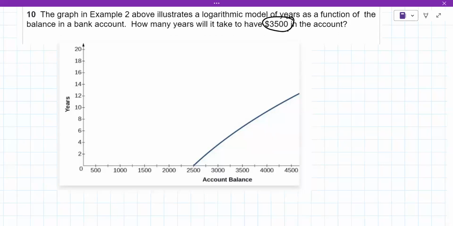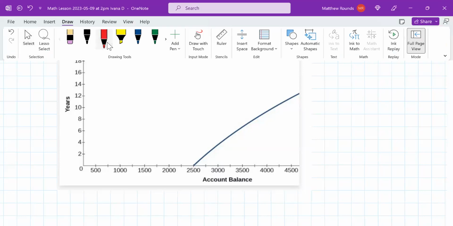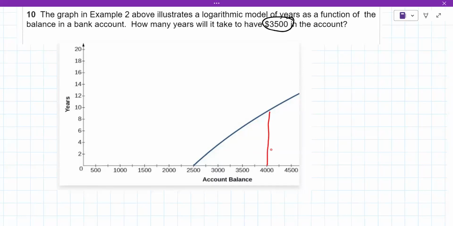If you go back to example 2, it's a different number, but the way they do it in example 2 is they go to 4,000 because example 2 is about 4,000. They go straight up until they hit the curve, and then they go straight left. So that's the example, and that's about 10 years. So you have to do the same thing.